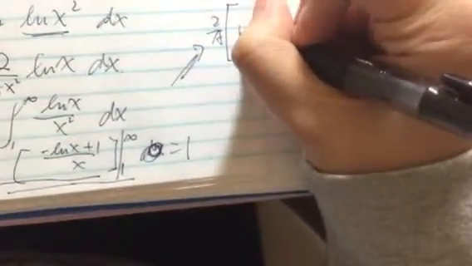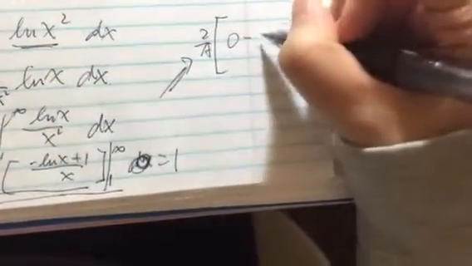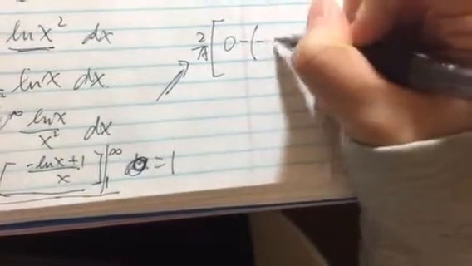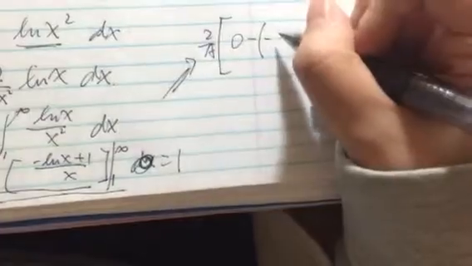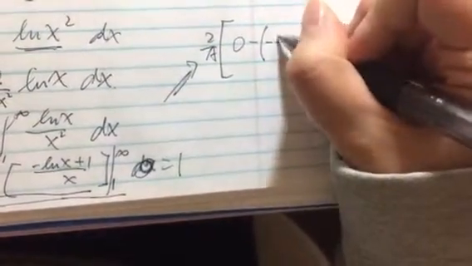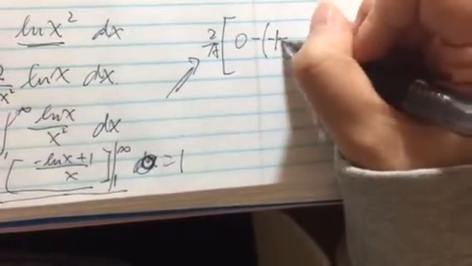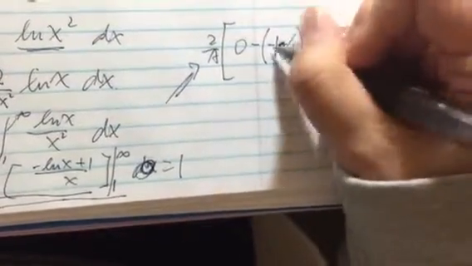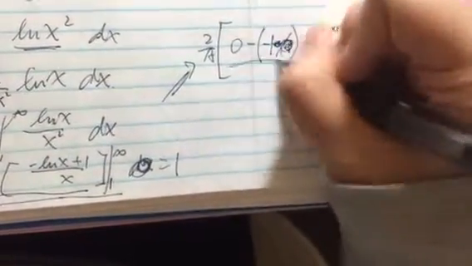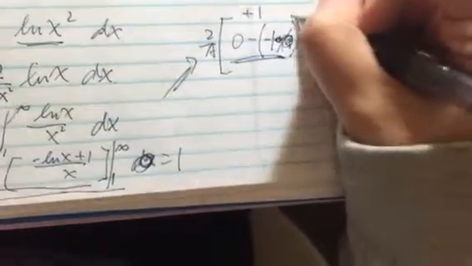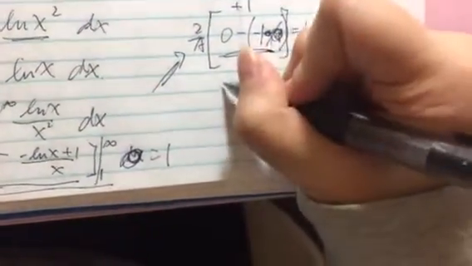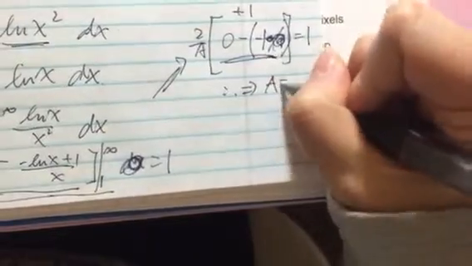So we get 0 when we plug in infinity, and then minus natural log 1, which is 0, right? So we have 0 plus 1, so we just have negative 1 over 1, which is negative 1. And so we have positive 1 here, and this is equal to 1. So we have a is equal to 2.